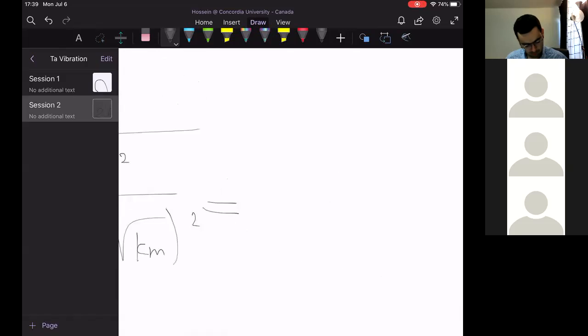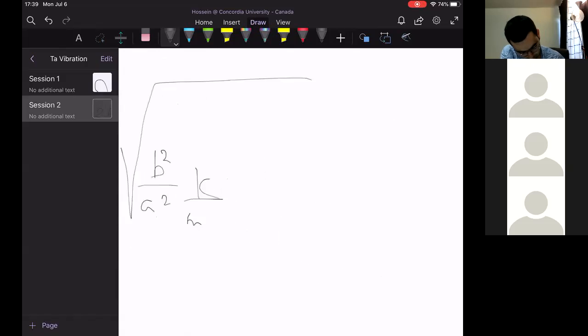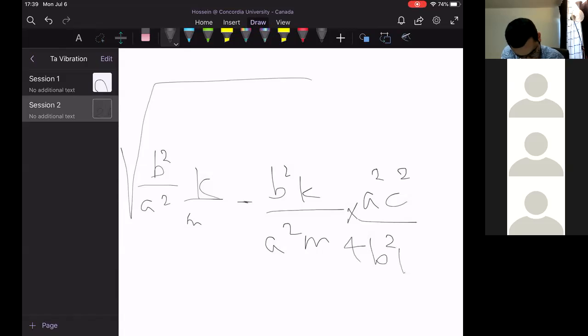So we have to simplify. b squared over a squared times k over m, minus b squared k over a squared m multiplied by a squared C squared over 4b squared km. You have to cancel out this b squared and b squared, and a squared by a squared, and also k by k.